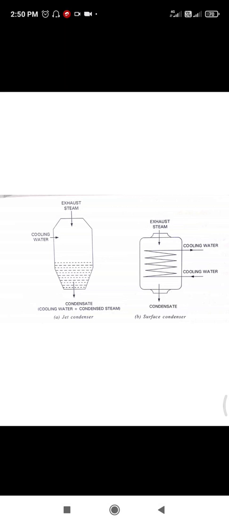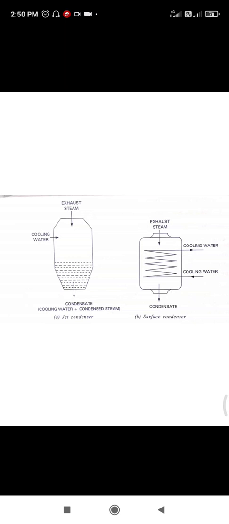The steam is condensed by a spray of cold water injected into the condenser shell, and there is a complete mixing of steam and water. The condensate, in the form of hot water, gravitates to the extraction pump and is removed from the condenser. This is the working of the jet condenser.